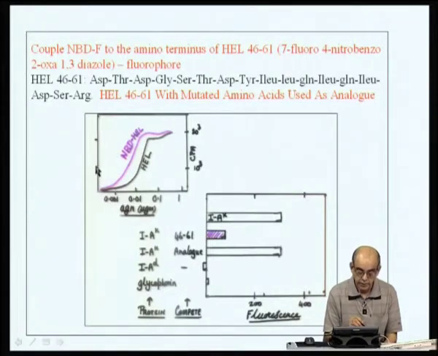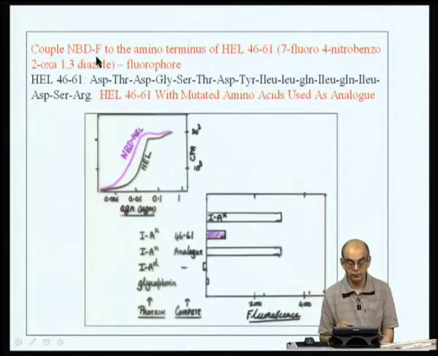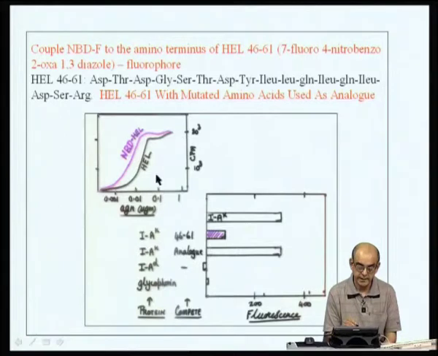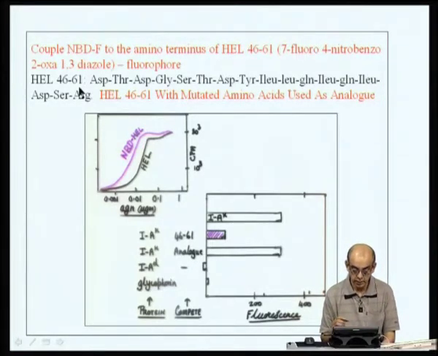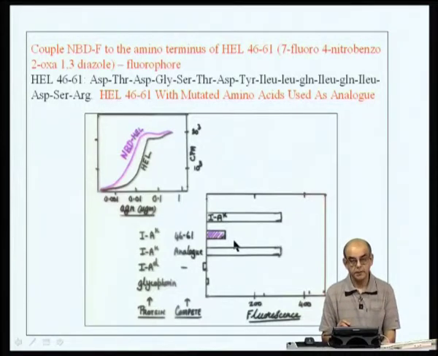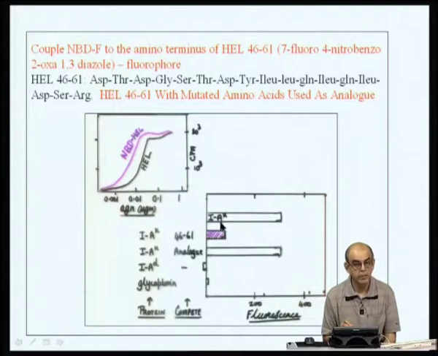So, having made sure that the modified HEL 46 to 61, referring to the modification that was done by coupling the fluorophore, was as efficient as the native HEL in stimulating the IL-2 release from a T cell hybridoma that was specifically recognizing HEL 46 to 61 in association with the H2K molecule, they then went on to do the equilibrium dialysis experiment using large amounts of purified class 2 molecule, especially the IA of K molecule.